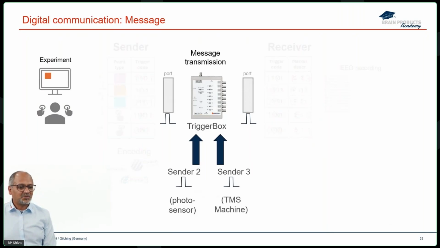It's very important to remember at this stage that pulses from other senders can also enter, so that the receiver can receive information from multiple sources and not just one.